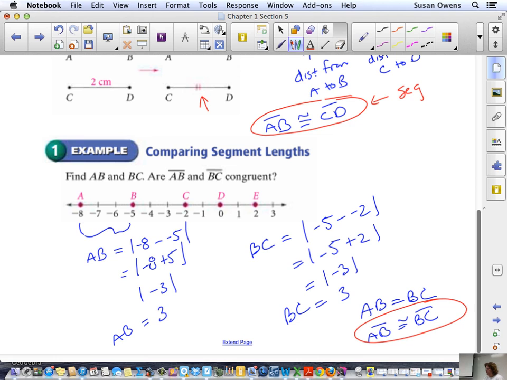You might say, well, of course it's true, but really in geometry what we're trying to do is mathematically get there, and you can't use "but of course it's true" as a reason. So I found algebraically their distances. The distances are the same, so I said that the distances are equal, and because the distances are equal, they must be congruent.